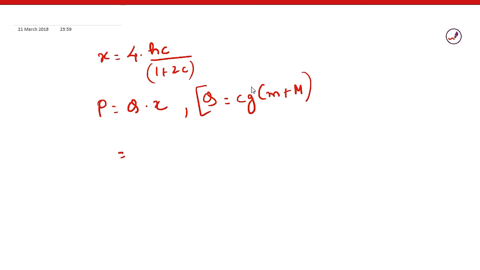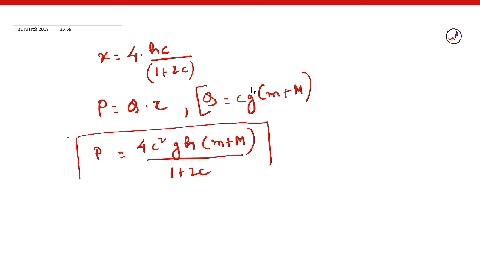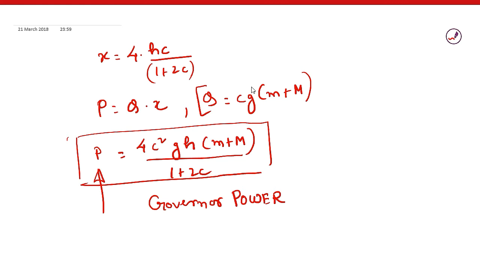It will be simply 4c square into g into h into small m plus capital M by 1 plus 2c. Okay, this is the expression for governor power. Are you getting it? This p is nothing but your governor power. Hence p equal to 4c square into g into h into small m plus capital M by 1 plus 2c is the expression.